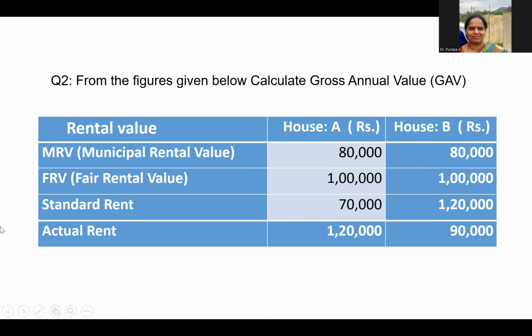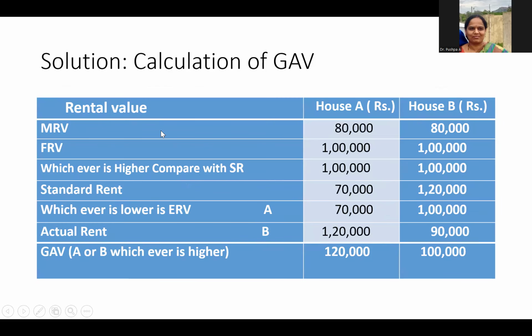For the first step, we compare the municipal rental value and fair rental value. Whichever is higher is considered in the second step, and that is going to be compared with the standard rent. For house A, the MRV is 80,000 and the FRV is 1 lakh. And for B, it is 80,000 and 1 lakh.